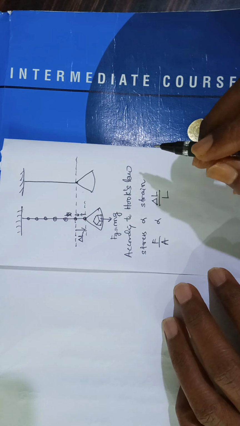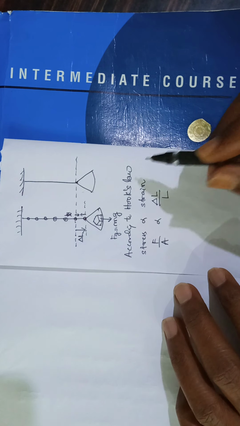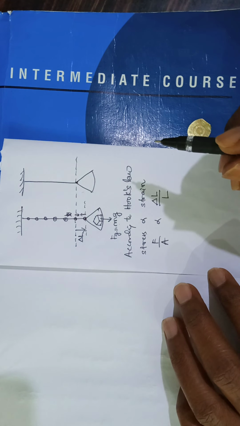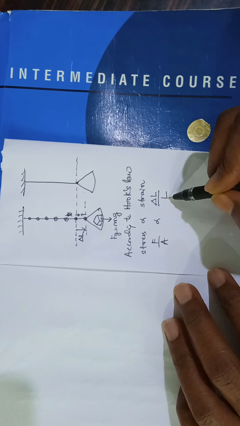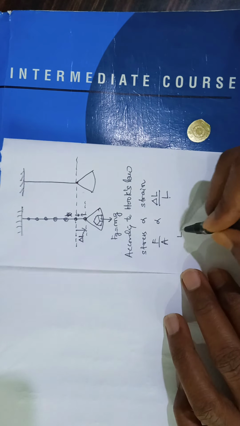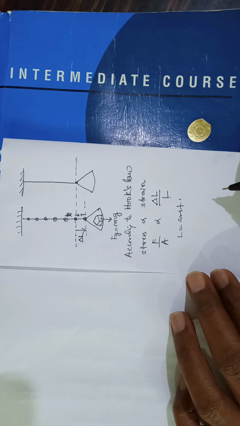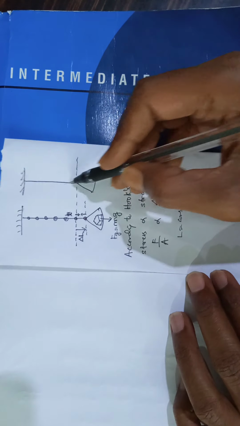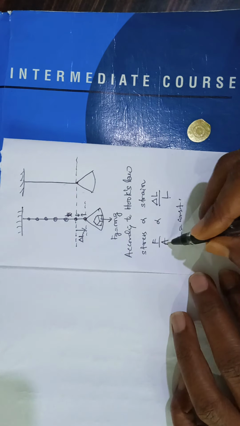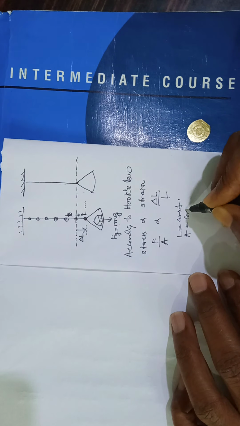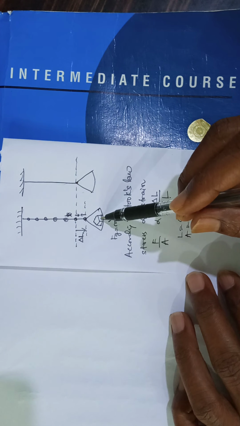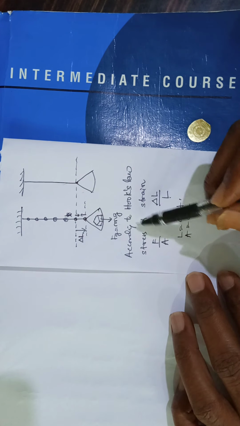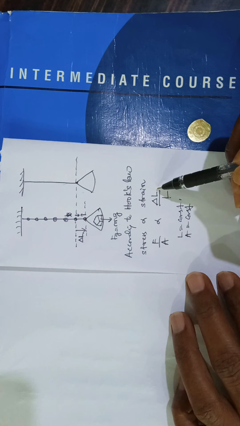See, we considered the experimental determination of Young's modulus. In that experiment, once you choose a wire, its initial length L is constant. Now, once you select a wire, its cross-sectional area is also a constant. But you may say, as you increase the load, the cross-sectional area changes. This Hooke's law is only for small deformations.